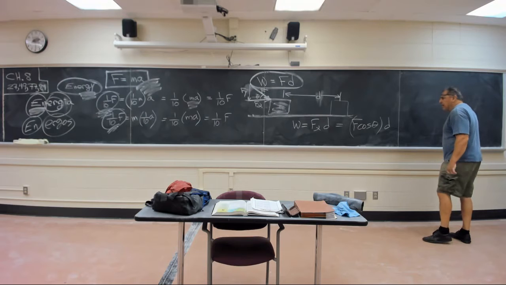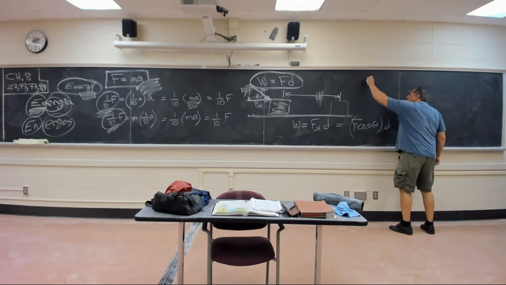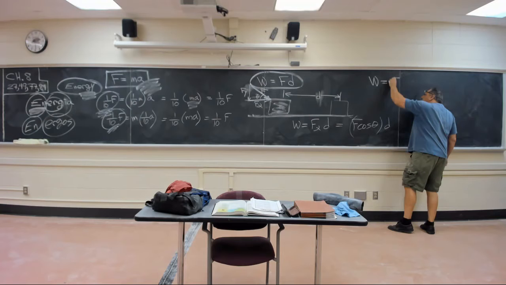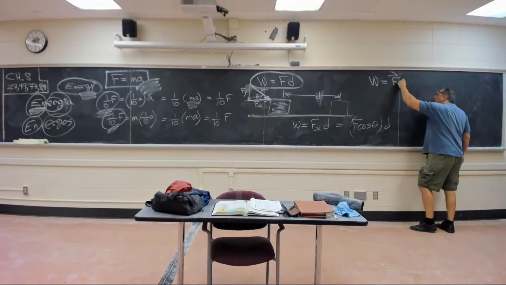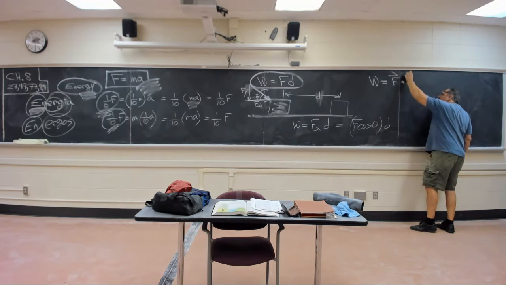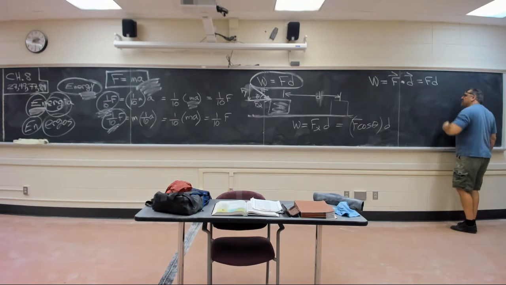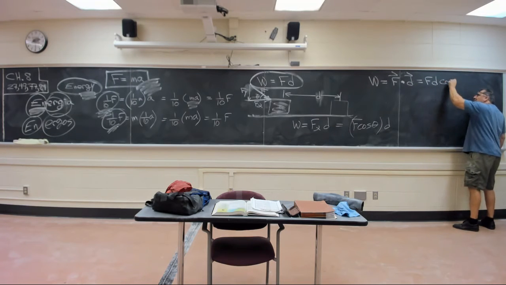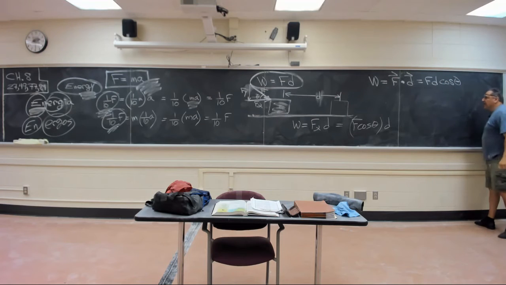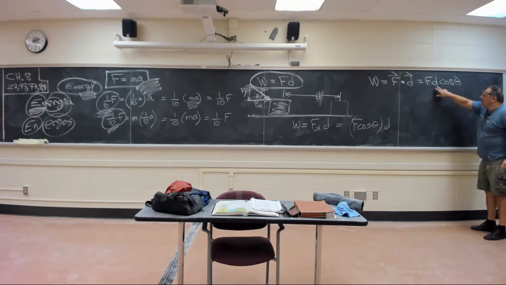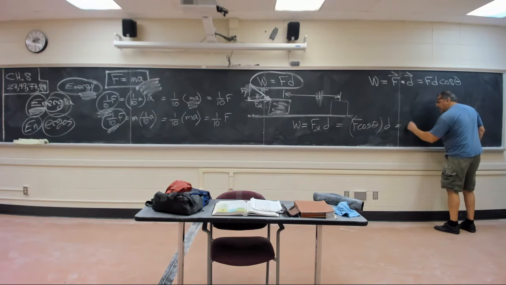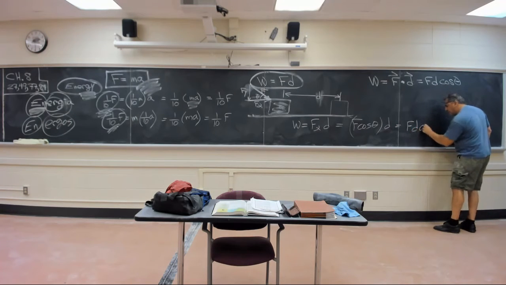Okay, so what? Big deal. Well, W is a scalar, force is a vector, displacement is a vector, and that's equal to the magnitude of F times the magnitude of D times the cosine of the angle between them. F times D times cosine theta. Is that true?